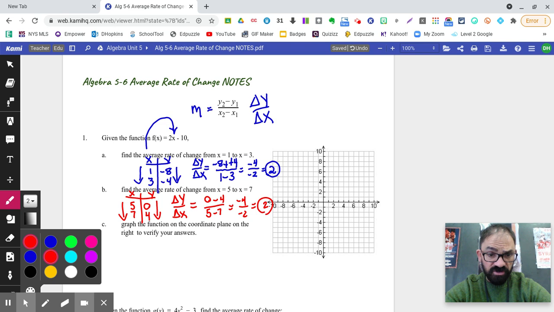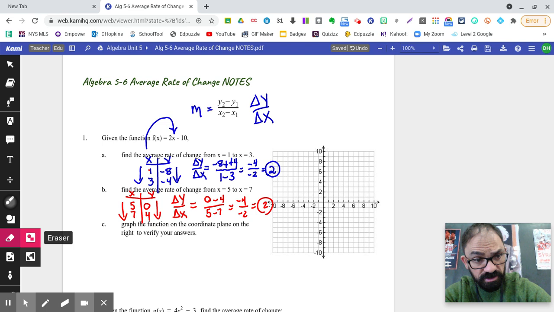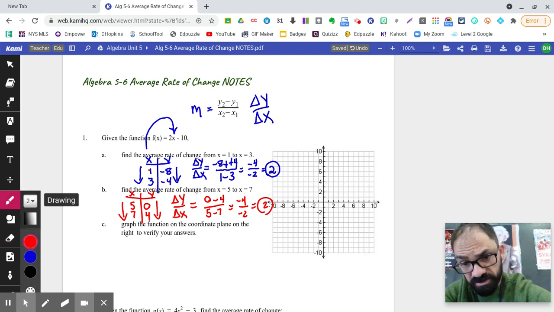It says graph the function on the coordinate plane on the right to verify your answer. So y equals 2x minus 10. Well, regardless, let's plot all these points that we know. We know 1, negative 8. We had 3, negative 4. Oops. I'm sorry. Let's erase that one. That's 1, negative 8. So I said 1, negative 8. 3, negative 4.